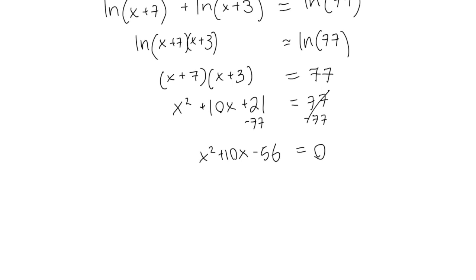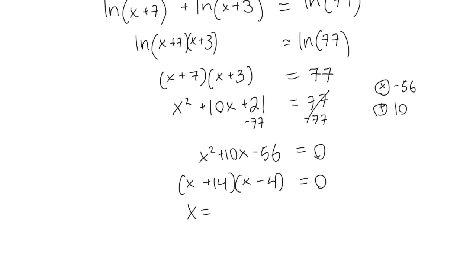Okay, and so we're looking for two things that multiply to negative 56 and add to 10. Let's see, 7 times 8 is 56. 14 times 4, that will work. Positive 14 and negative 4. So x plus 14 times x minus 4 equals 0, which means that x equals negative 14 or 4.